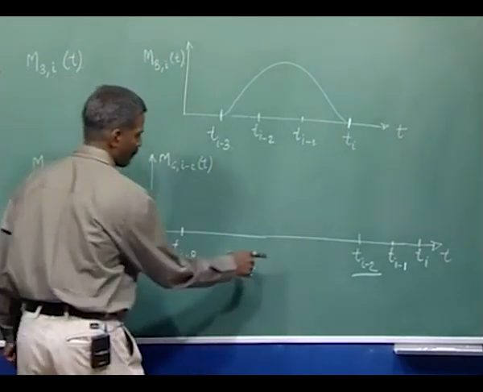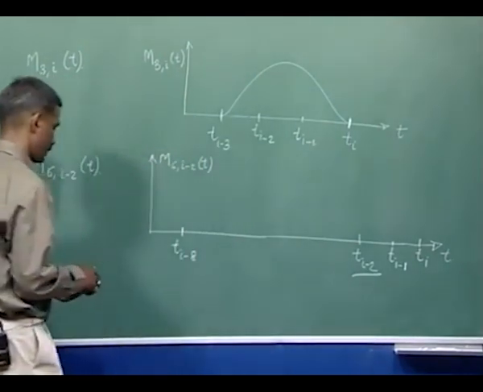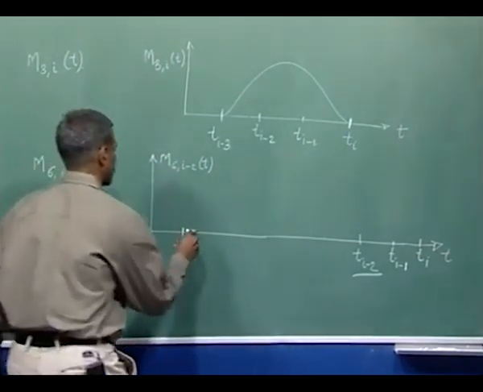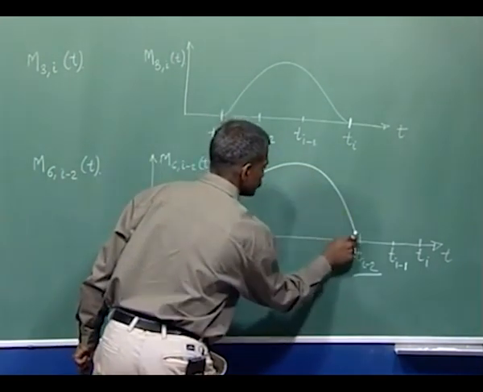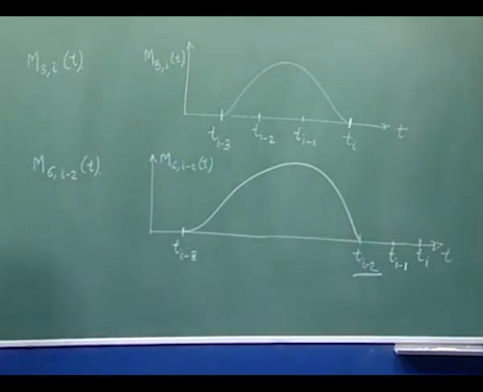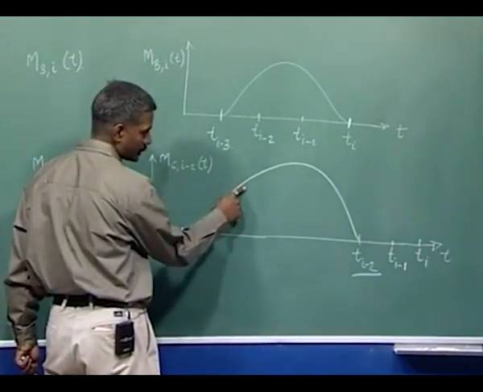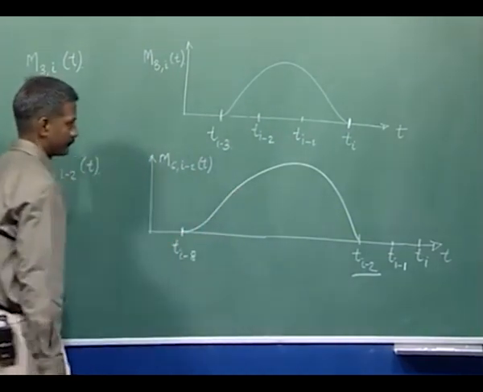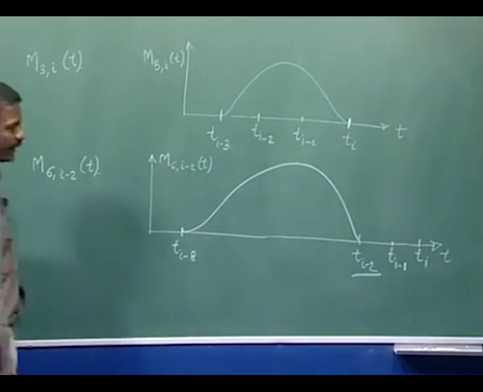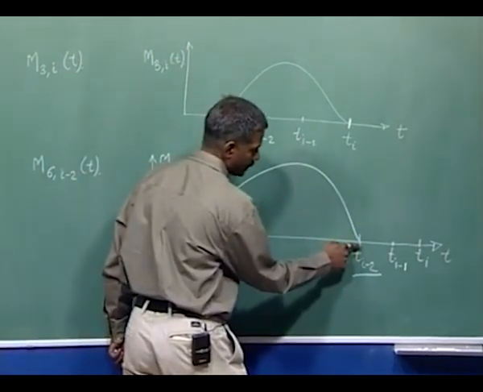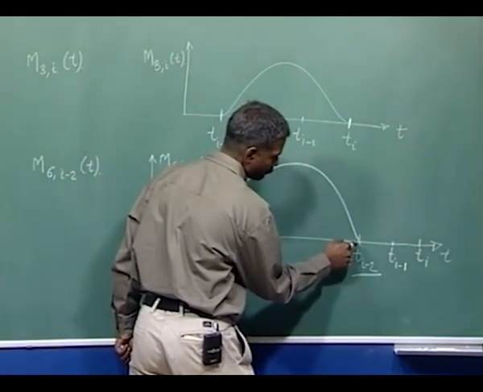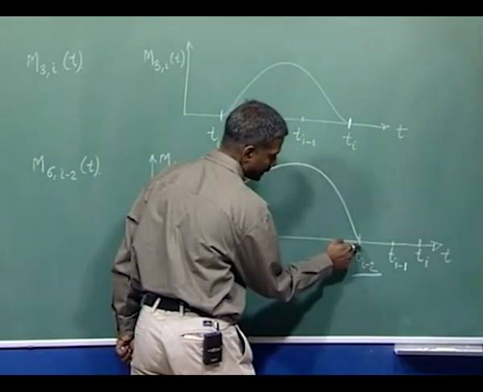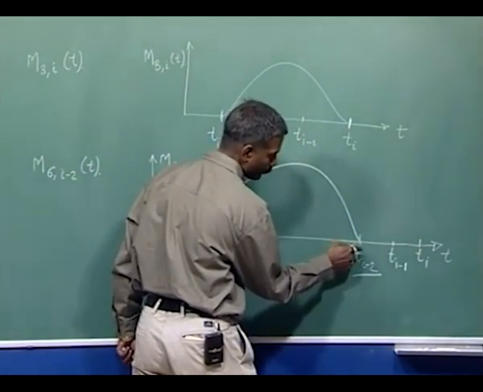Let me not worry about these intermediate knots at this time, and let me go ahead and plot M_6,(i-2)(t). I have deliberately drawn this as an unsymmetric bell-shaped function. I should be careful here. I have to have position, slope, the second derivative, maybe the third derivative, and so on and so forth, all 0.